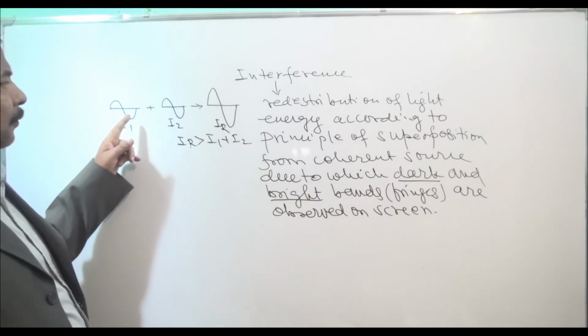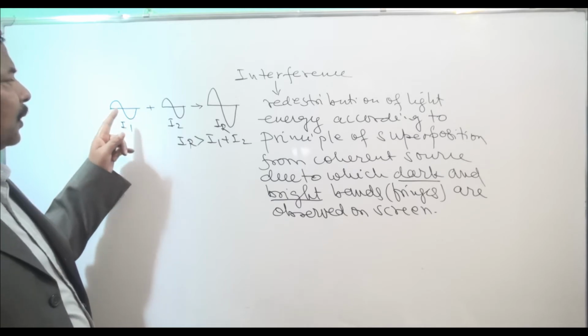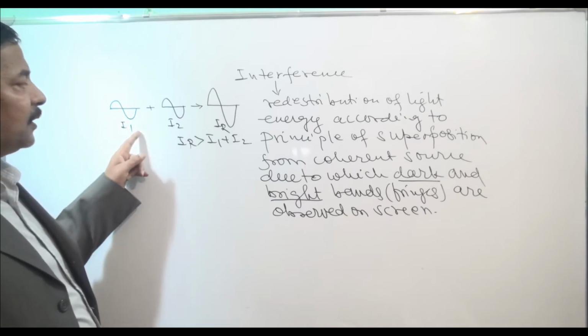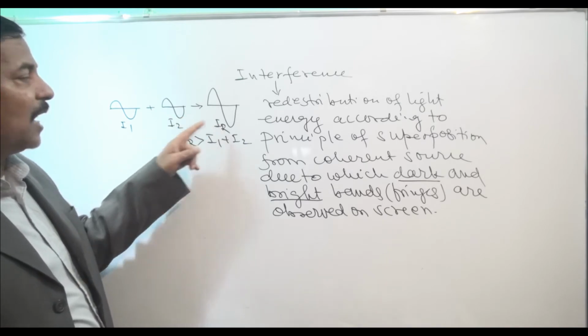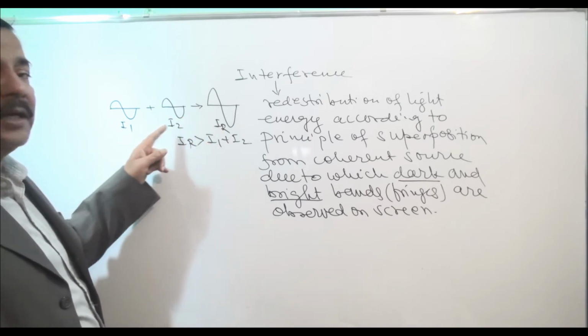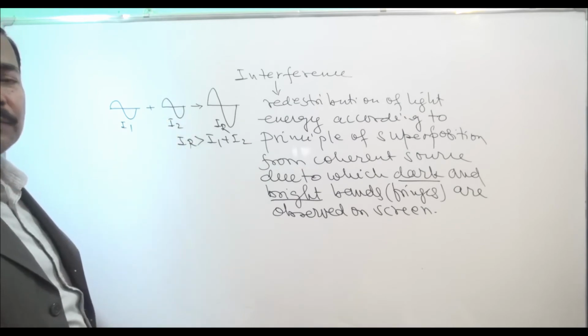Now you see, from the coherent sources the intensity from source 1 is I1, from source 2 is I2, and the resultant intensity is IR, which is more than the sum of the individual intensities of the two sources.